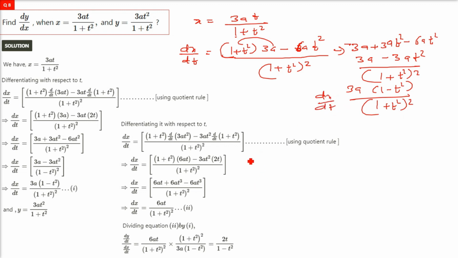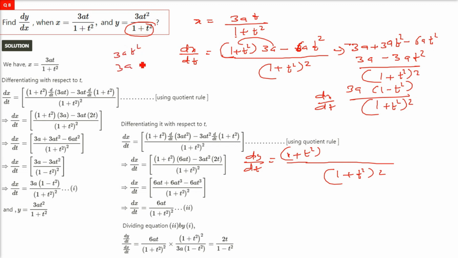Now we'll go about differentiating y, dy by dt, with respect to t. So (1 plus t square) whole square in the denominator. Now 1 plus t square will be here. Differentiation of 3at square will be 3a times 2t, which is 6at.